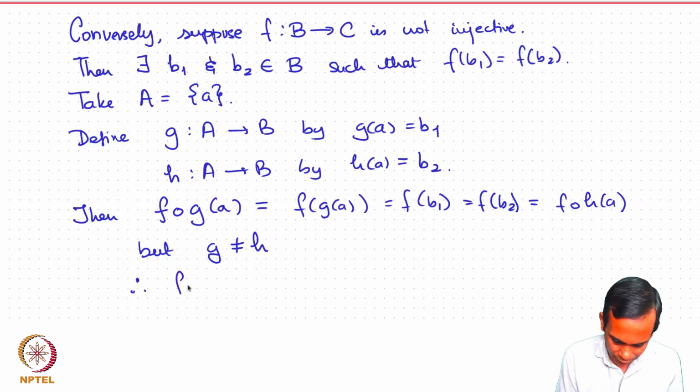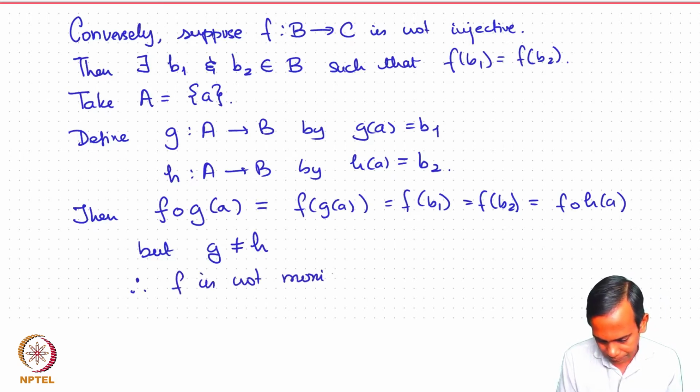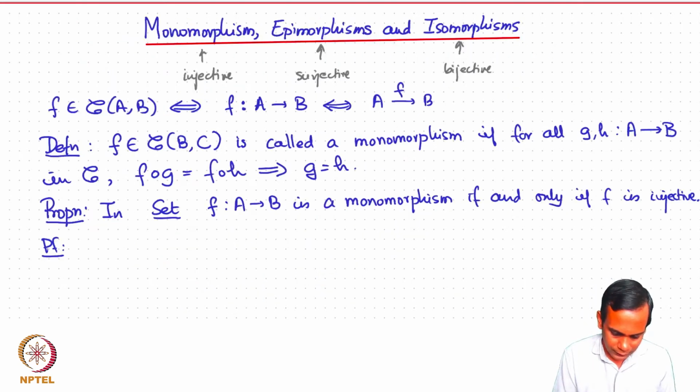Therefore, we have that F is not monic. So we have completed the proof of this result that in the category of sets, an arrow is monic if and only if it is injective.